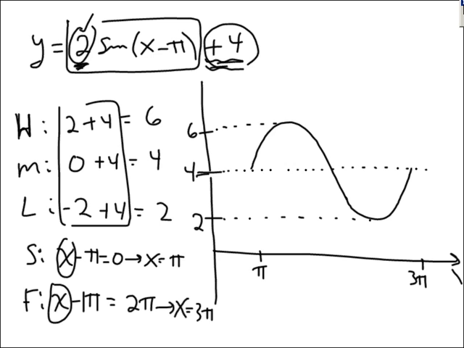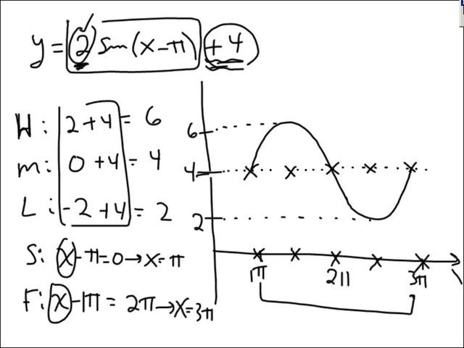Now, I want to know this x value, and this one, and I already know the last one, and I know the first one. Those are the x values I want to know. Well, what's in the middle of 1 pi and 3 pi? What's in the middle of 1 and 3 is 2, so you have 2 pi.